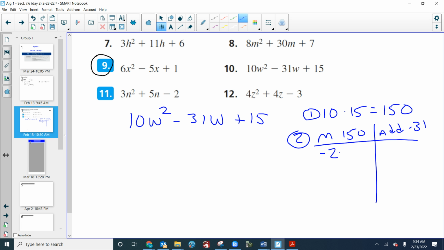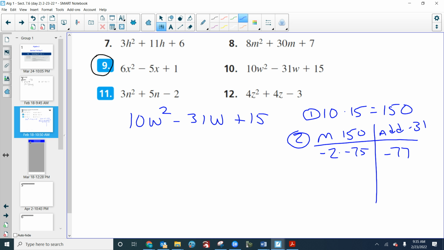I think it's close to 75. What's that add up to, Matt? It's the average of the two. 77. Yeah, -77. Okay, that's not it, right?